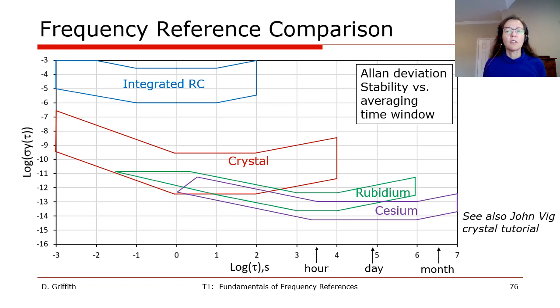You can see that although the Allan deviation floor occurs at different averaging times for each of the oscillator types, the basic shape is the same, of first decreasing and then, as the averaging time increases, flattening out and then rising again.